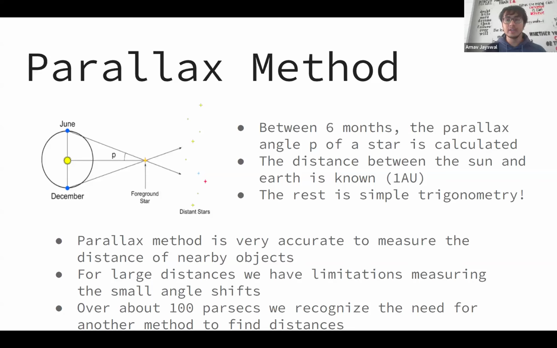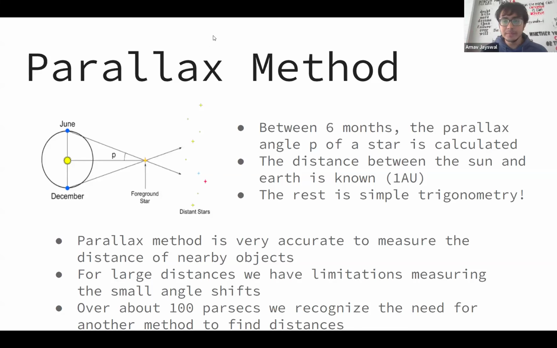So let's start with the parallax method. I'm pretty sure some of you would be familiar with what the parallax method is, but let us just go over it quickly. As you can see in the diagram, over a period of 6 months from June to December, as the Earth revolves around the sun, we measure the angle subtended by the nearby star against a background of distant stars, and based on that you get an angle p.